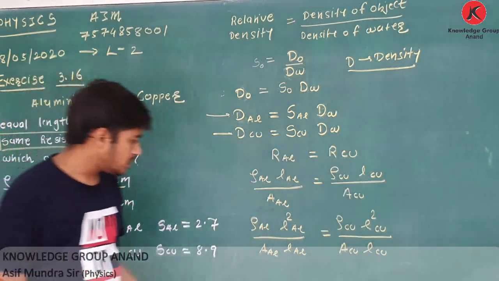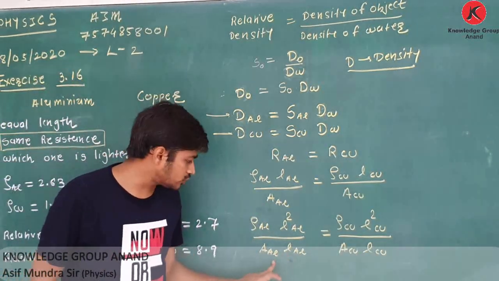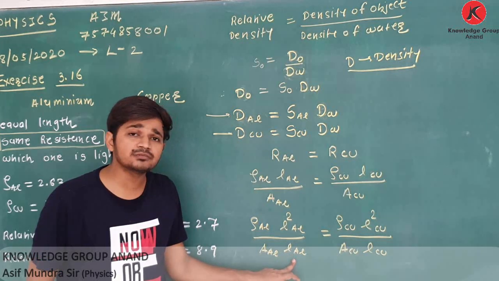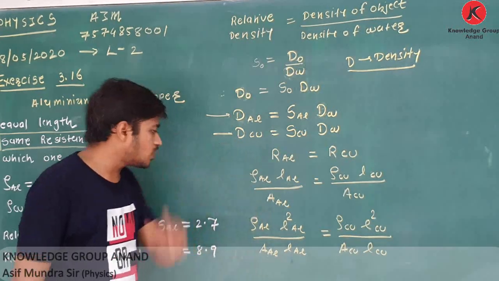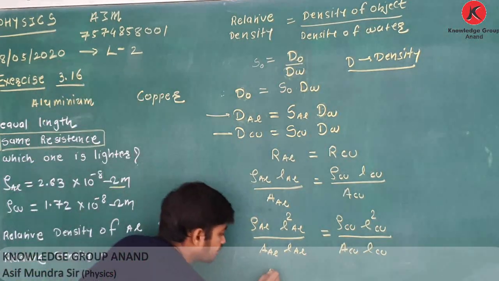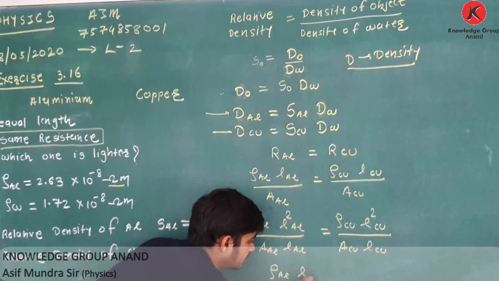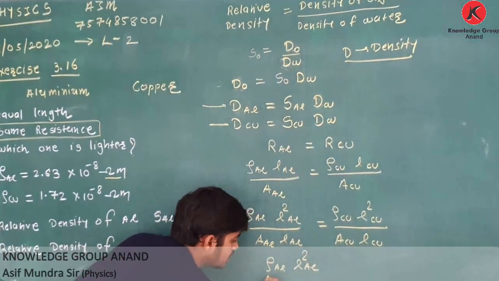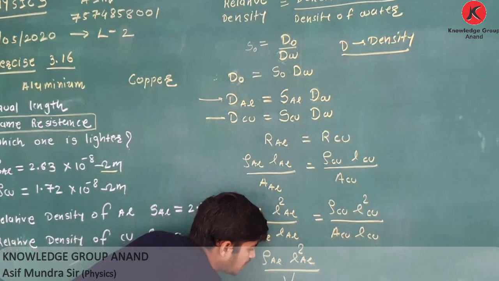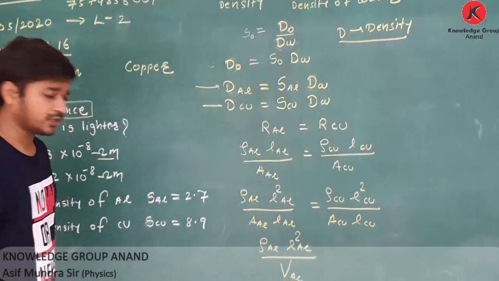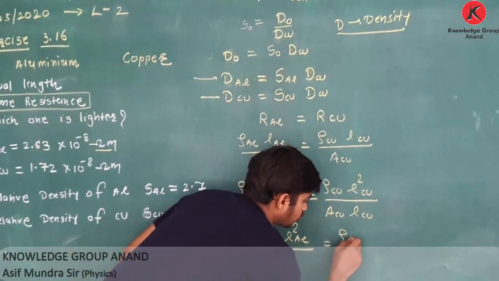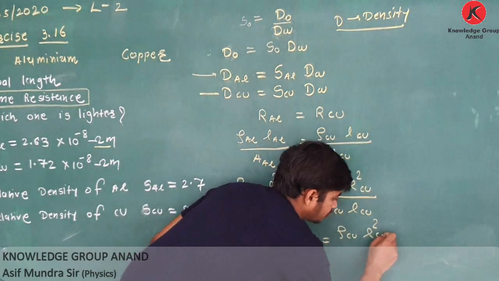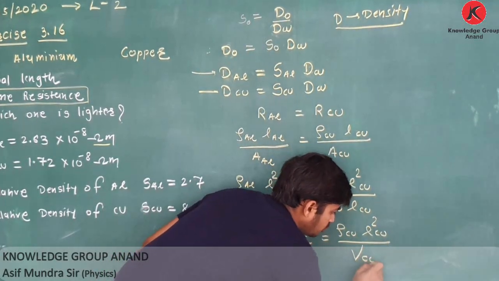Clear? Now we know that cross-sectional area into length becomes volume. Then how to write this equation? See, rho L squared Al divided by volume of aluminium. This side it is rho Cu, L squared Cu upon volume of Cu.